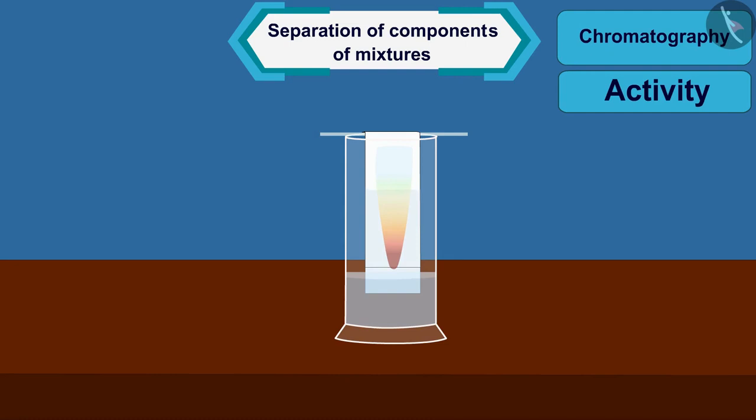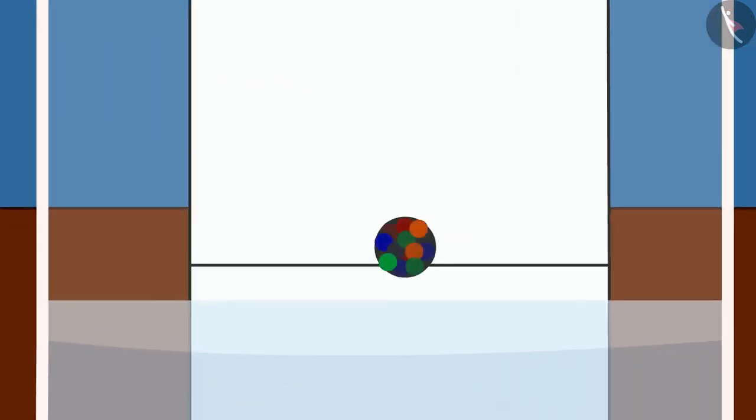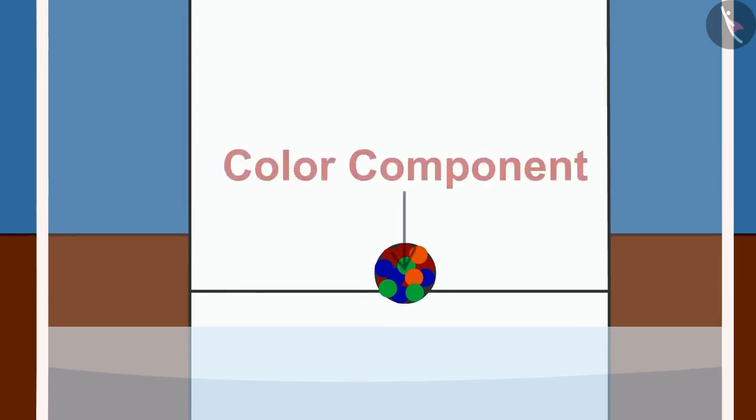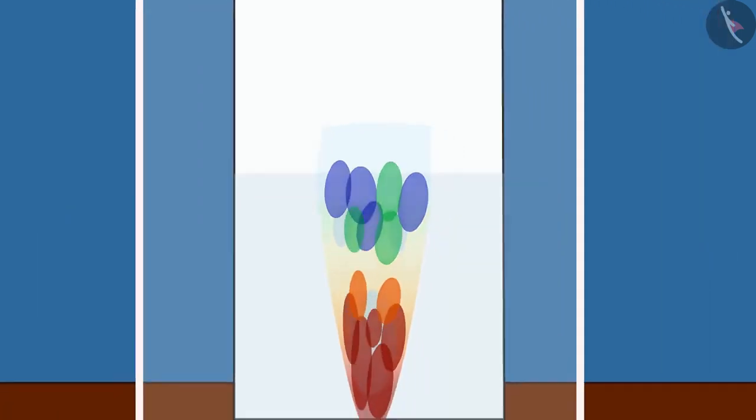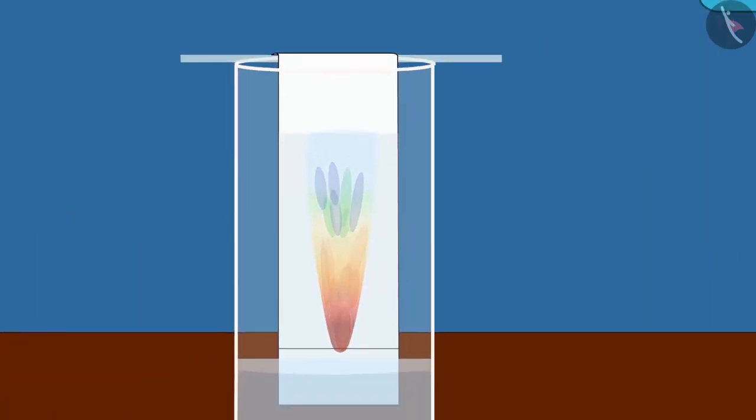As the water moves upwards on the filter paper, it also takes the dye particles along with it. Often the dye is a mixture of 2 or more colors. The color component which is more soluble in water rises faster, and thus the separation of colors becomes possible.